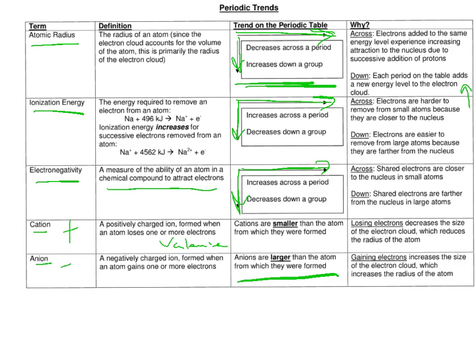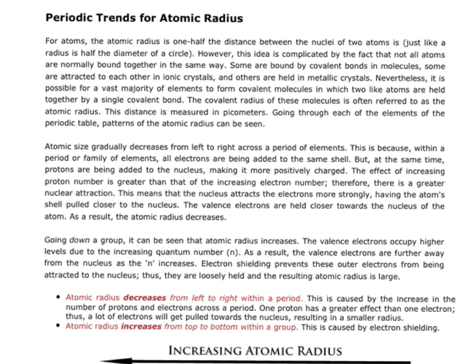Okay. So, how's that sound? What you have here, I've got a little more text, and if you want to read through these successive slides, if you want to get more information about periodic trends for atomic radius, you can read this.